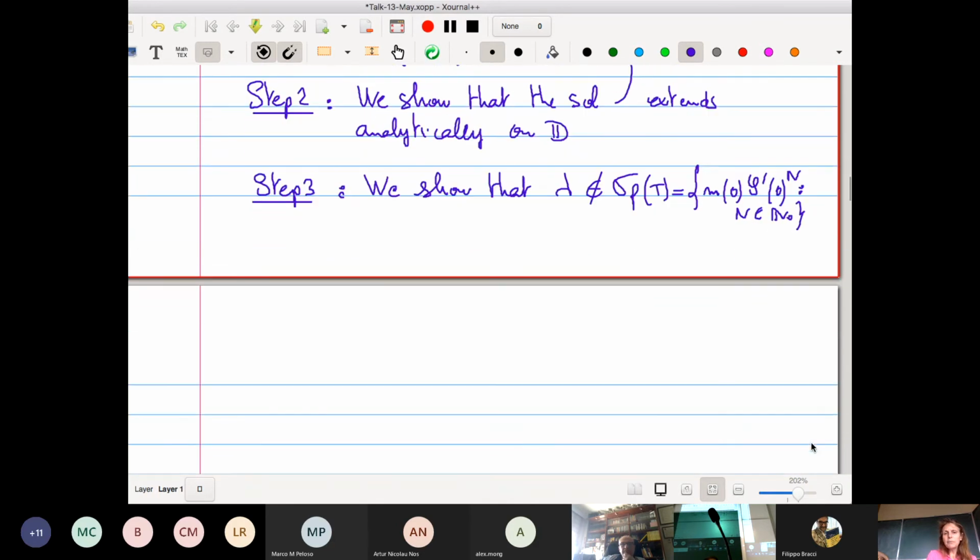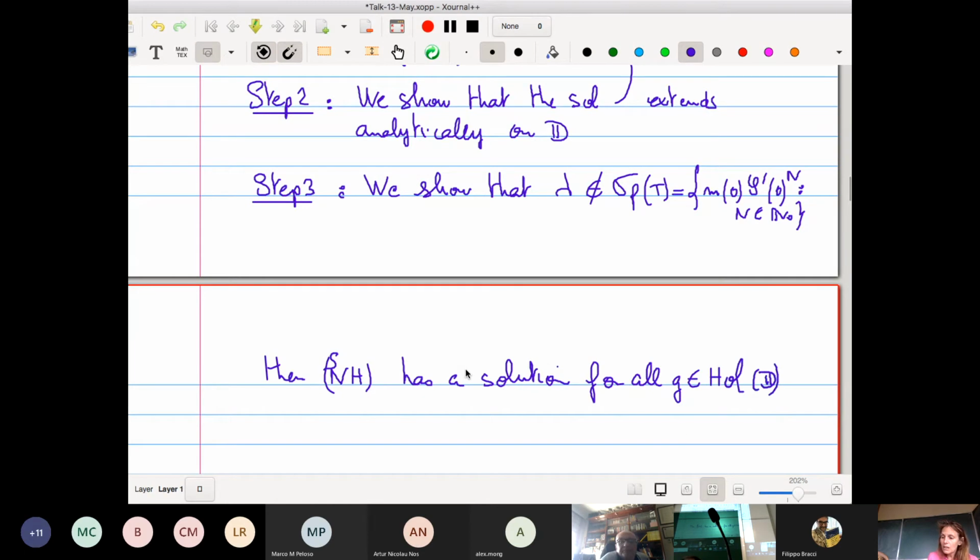We show that provided lambda is not in the point spectrum, then the non-homogeneous Schrödinger equation has a solution for all g, using spectral projections defined by induction.